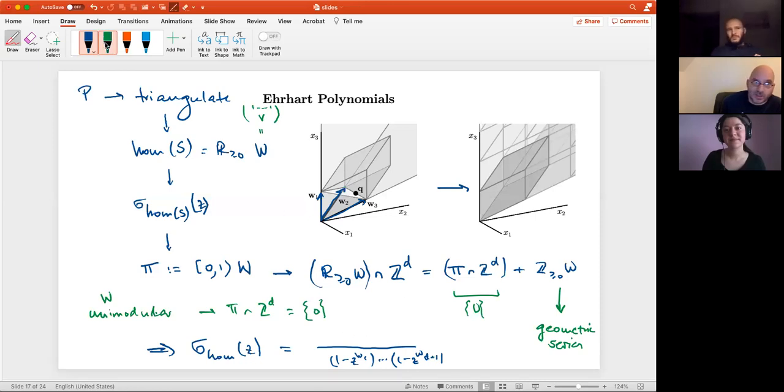And in general, I have to encode these integer points, and they get encoded by another integer point transform. And if my only integer point in Pi is 0, this integer point transform that you see up on top is the monomial 1. And that's what you saw in the example.